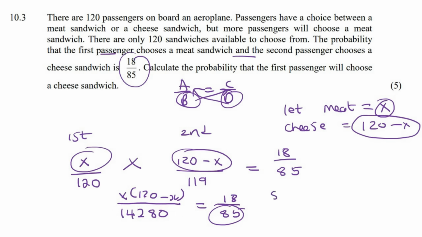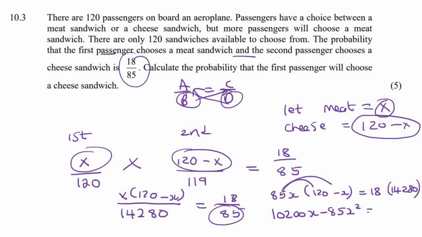We end up with 85x(120 minus x) on one side, and 18 multiplied by 14,280 on the other. Now we multiply the 85x in, so that's 10,200x take away 85x squared, and the two numbers multiply to 257,040.